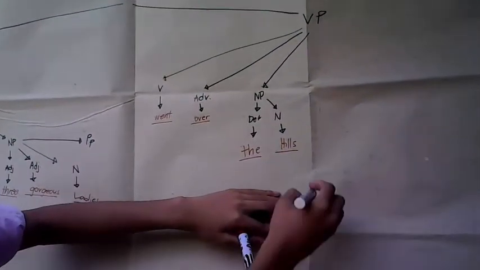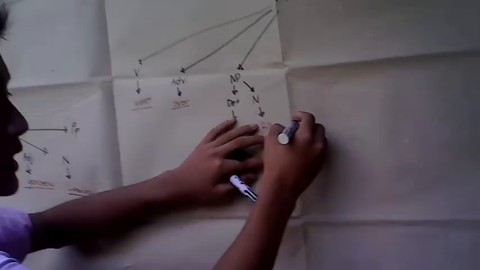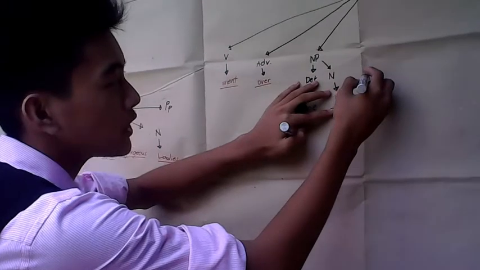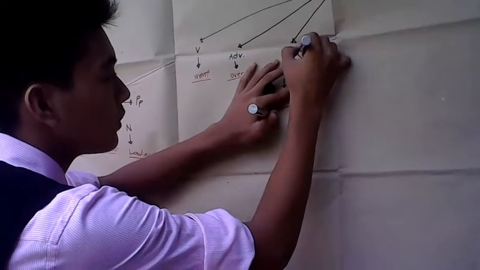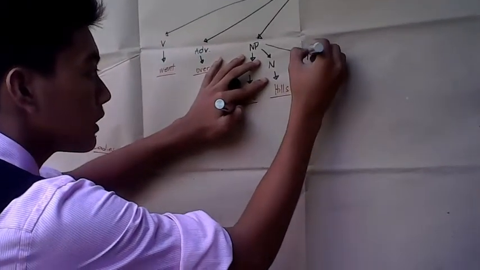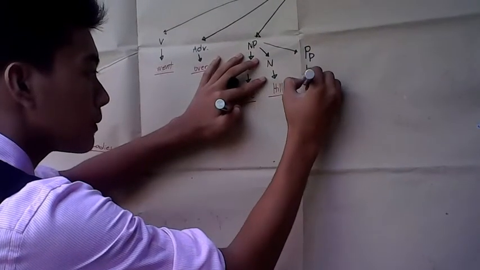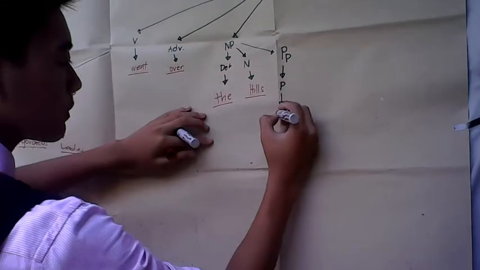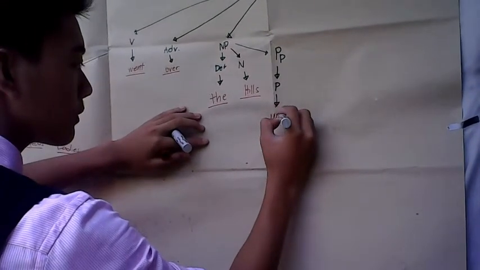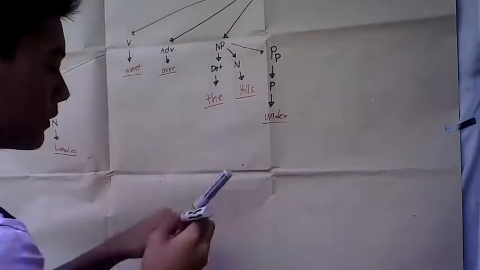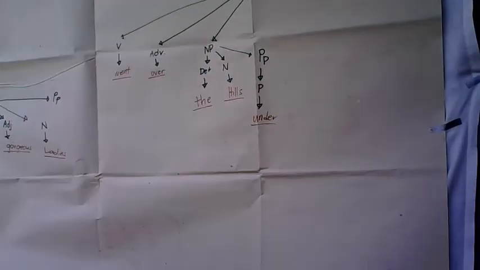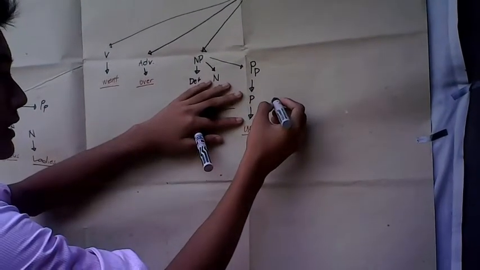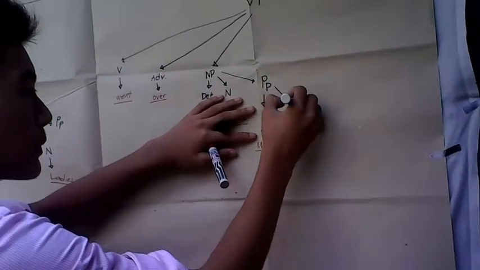Now, the next word is under. Under is a preposition, so we will create a new phrase, a prepositional phrase, then connect it to the noun phrase. The next word is the. The is a determiner, so we will create a new phrase, a noun phrase, then connect it to the prepositional phrase.